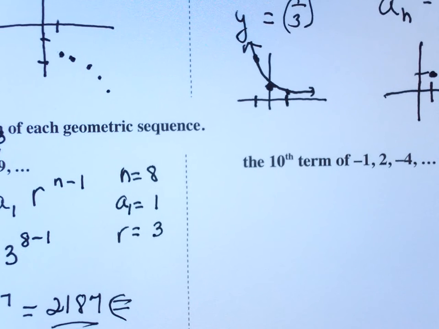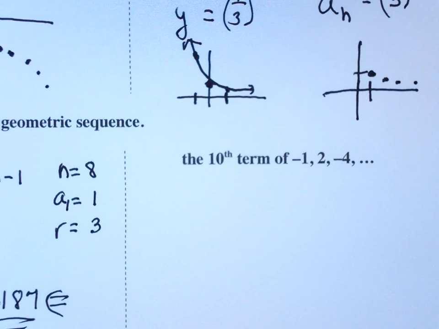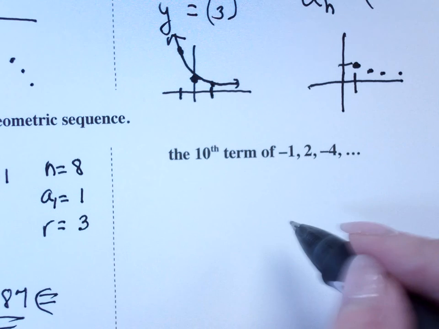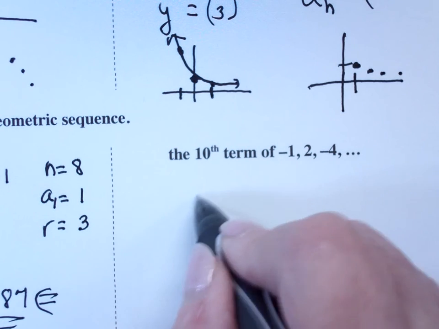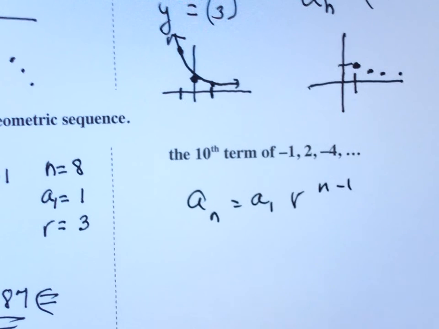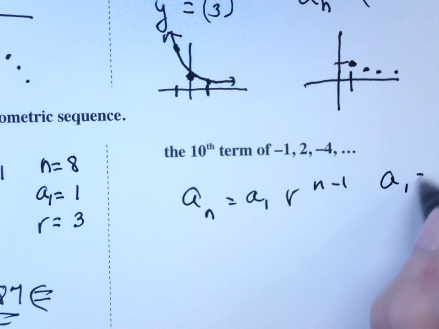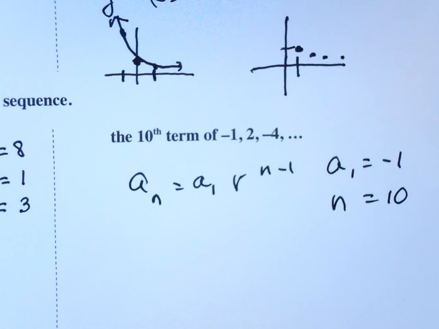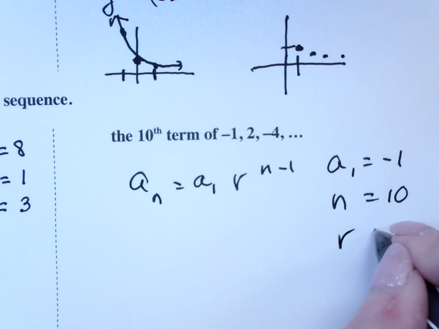Find the 10th term of, well, let's see, we know, again, a sub n is a1 r to the n minus 1. a1 is negative 1, n is 10, and r is negative 2.